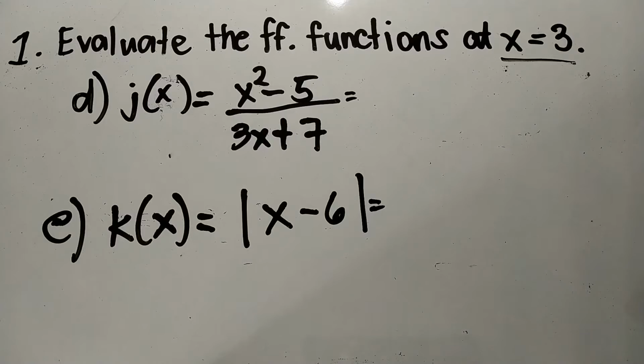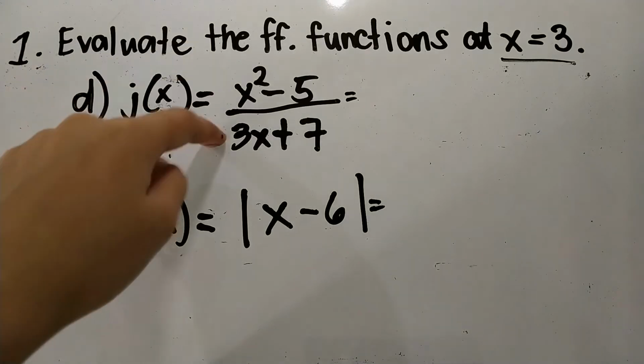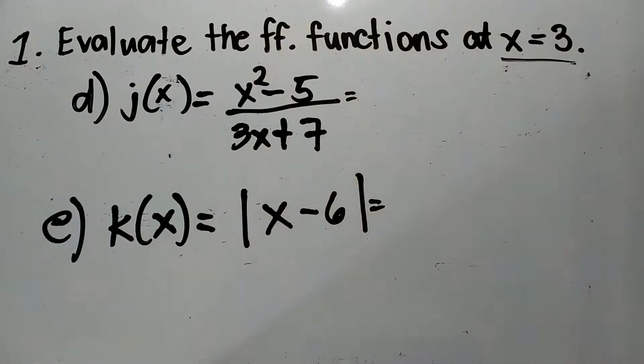Again, same procedure. We will substitute x variables with the value of 3. Okay, let's do it. And this is an example of division of function. Operational function siya pero division, because we have two functions and we use division as our operation.